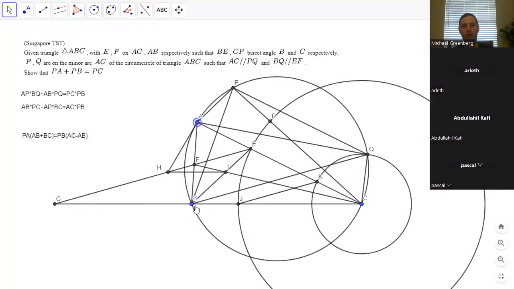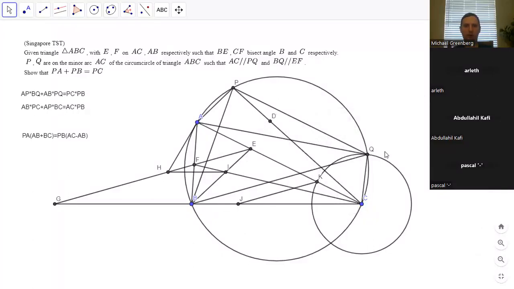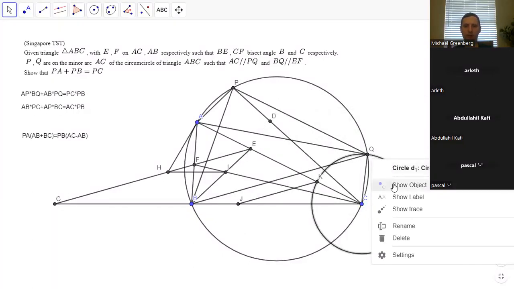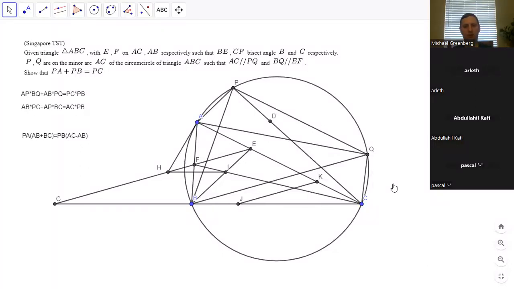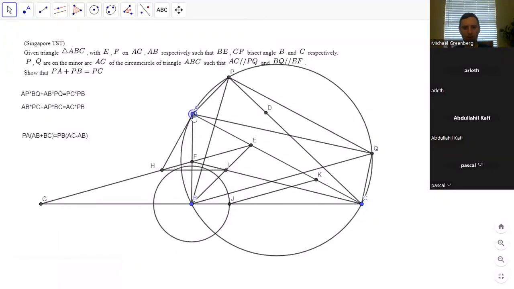So yeah, that would just come from the fact that BP and BQ are isogonal, that this would be parallel to that. So yeah, CJK is congruent to PAB. Is BJ equal to BI? That would also be interesting. No.